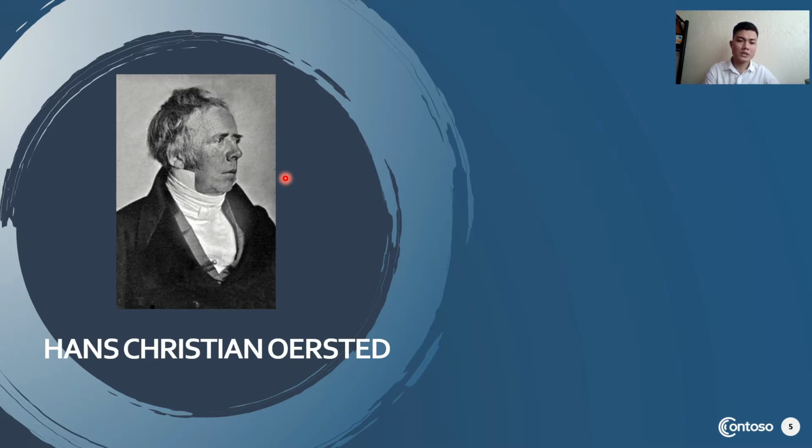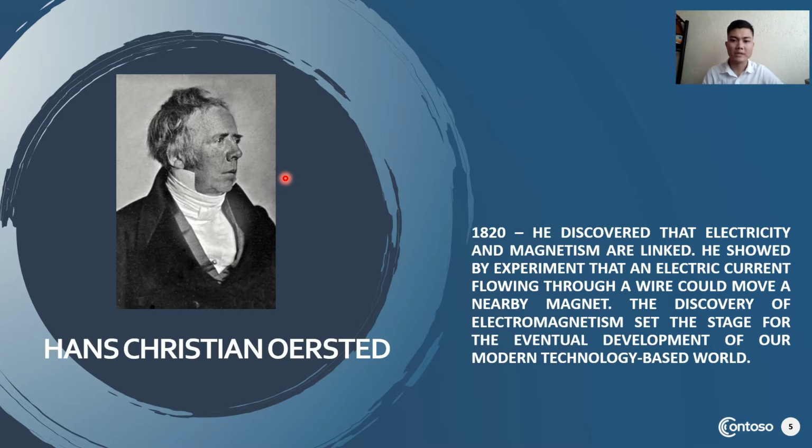So electricity and magnetism, again, are very related to one another in the sense that we could create a magnetic field out of electricity. Okay, so in 1820, he discovered that electricity and magnetism are linked. He showed by experiment that an electric current flowing through a wire could move a nearby magnet.